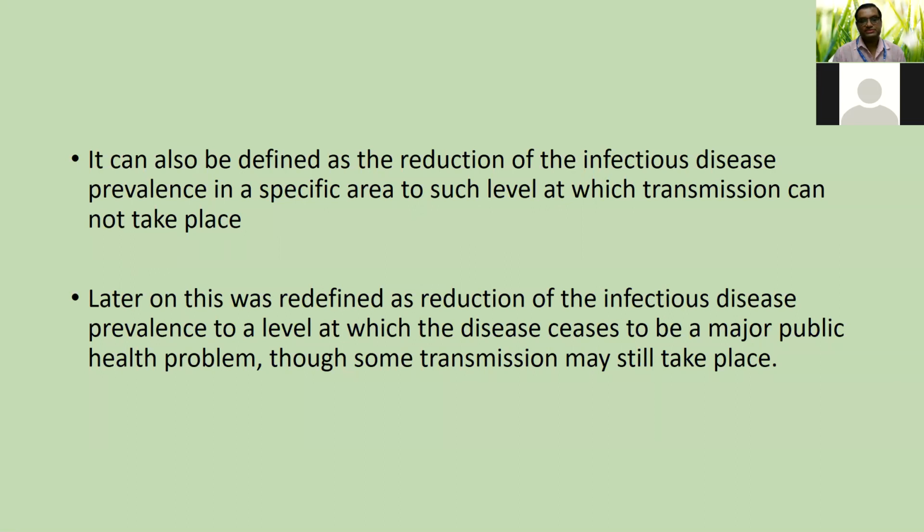As per this definition, transmission may take place, but on a very, very low scale, and the occurrence of disease cannot cause a major public health problem. Then these conditions can be defined as the eradicated disease condition.